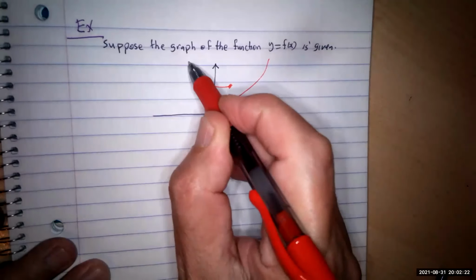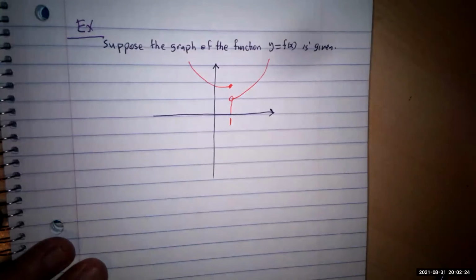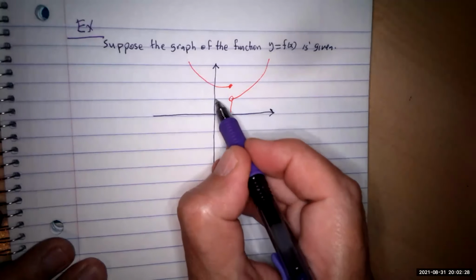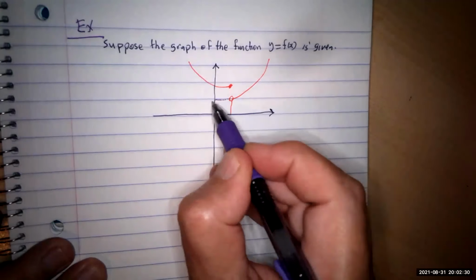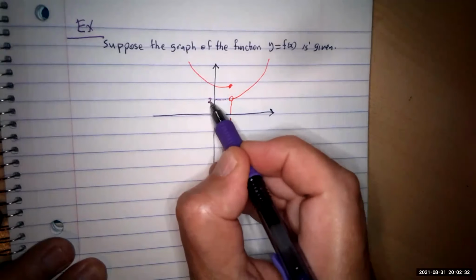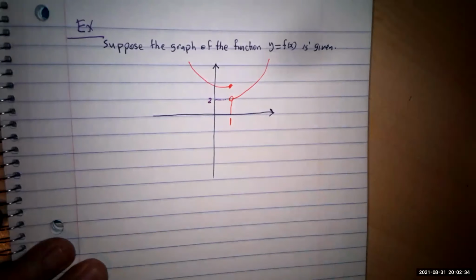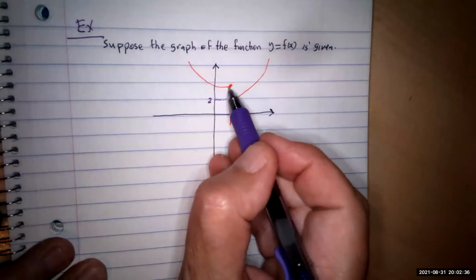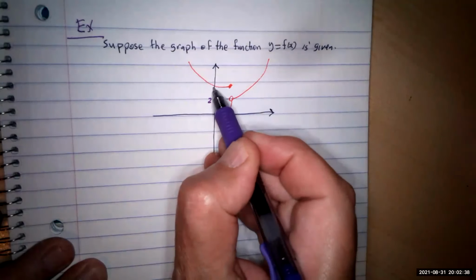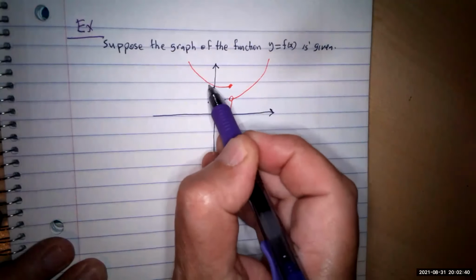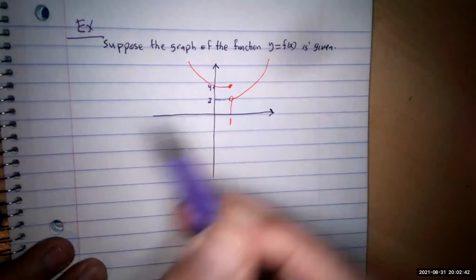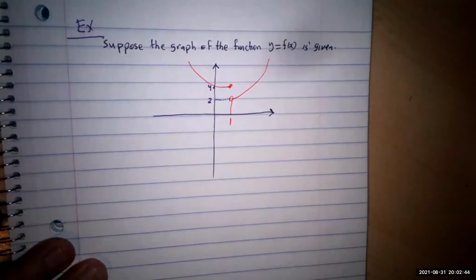This is the other part of the graph. I should give it a number that corresponds to this, let's say 2. And the number that corresponds to this part is, let's say 4.